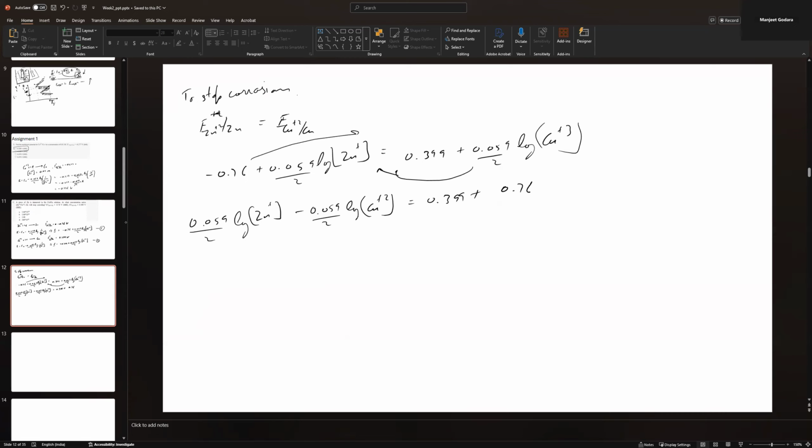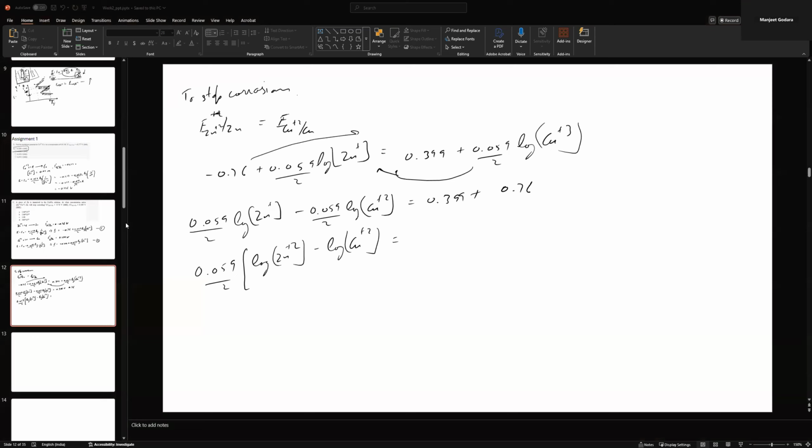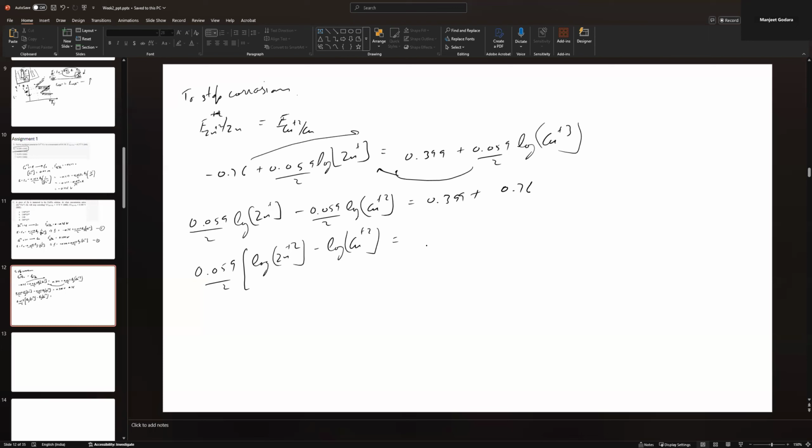So 0.059 divided by 2 log of Zn2+ concentration minus log of Cu2+ concentration is equal to 1.159.